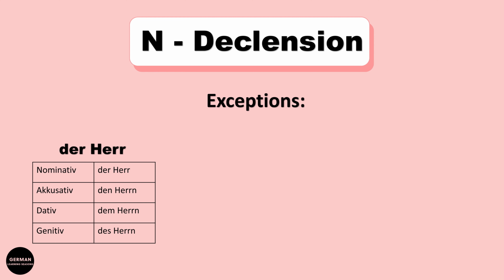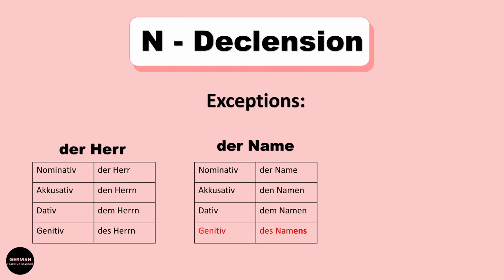Second exception is der Name, which means the name. Nominative is der Name, accusative is den Namen, dative is dem Namen, and genitive is des Namens. Here we have to put an extra S to it in the genitive case.